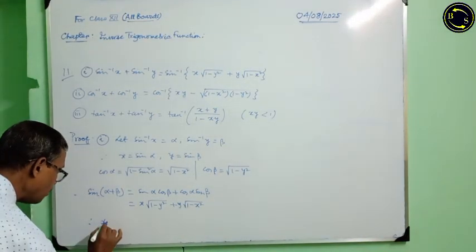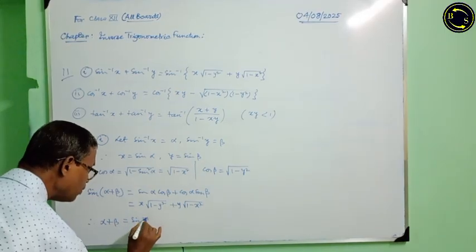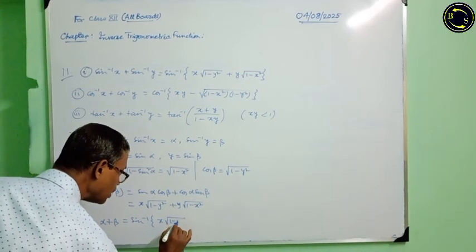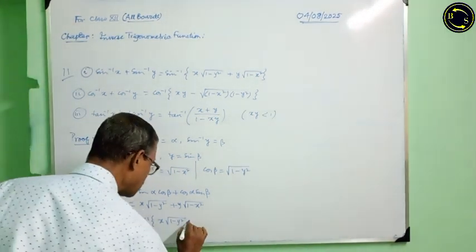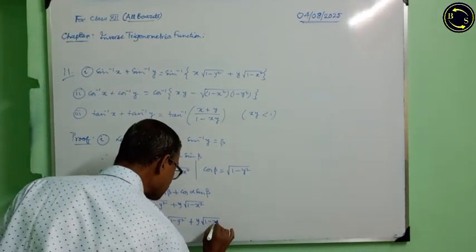Therefore, alpha plus beta is equal to sine inverse of x root over 1 minus y square plus y root over 1 minus x square.